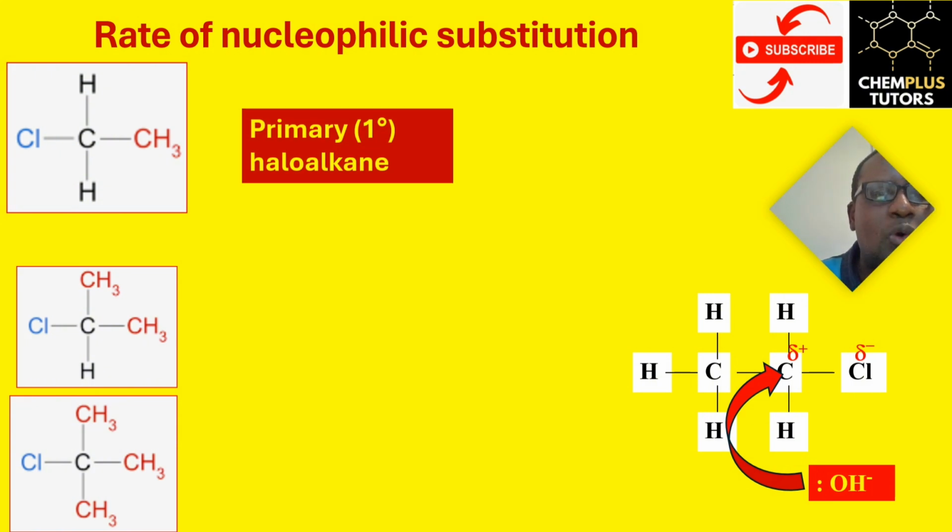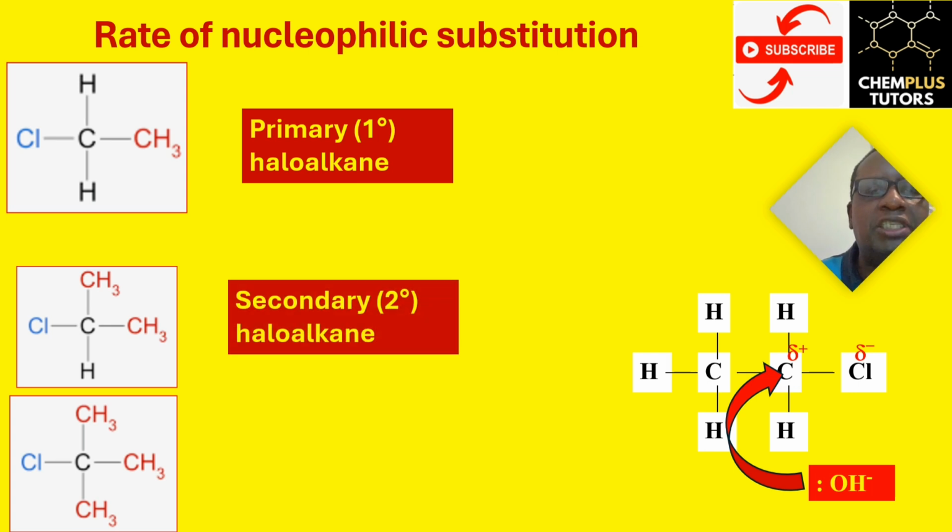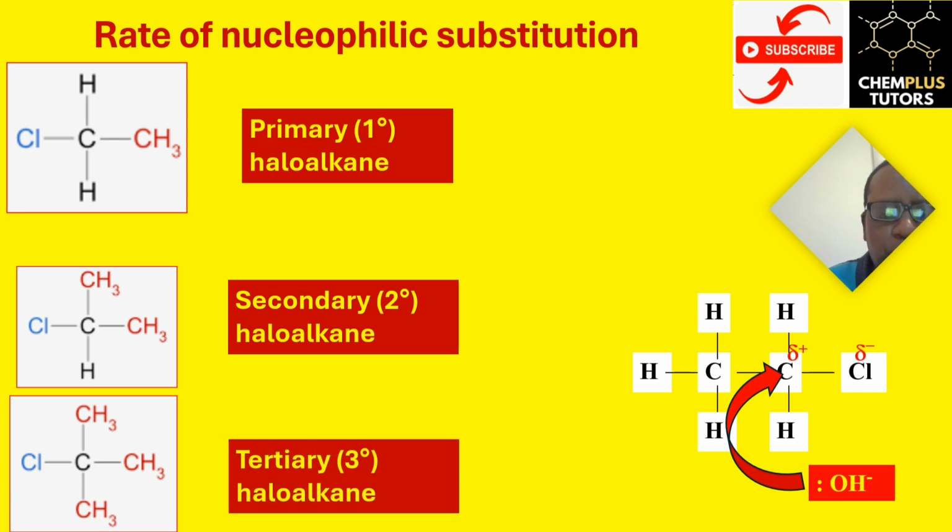The second one, the carbon to which the halogen is attached is attached to two other carbon atoms. So it's a secondary. And the third one, the carbon to which the halogen is attached is attached to three other carbon atoms. So it's a tertiary. This is very important if we want to look at the rate of reaction.